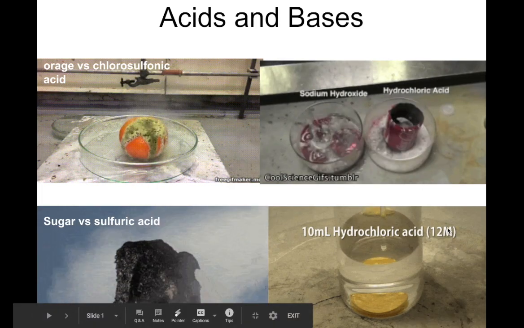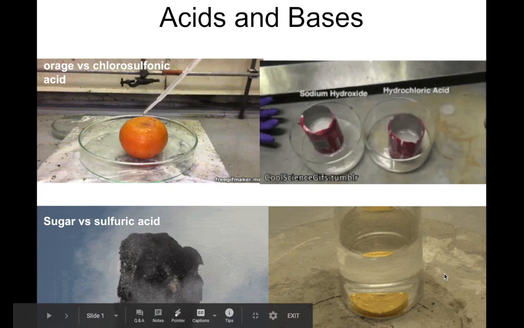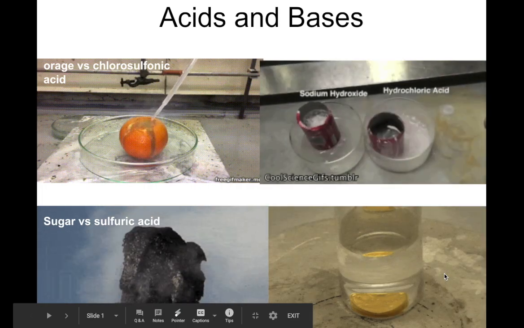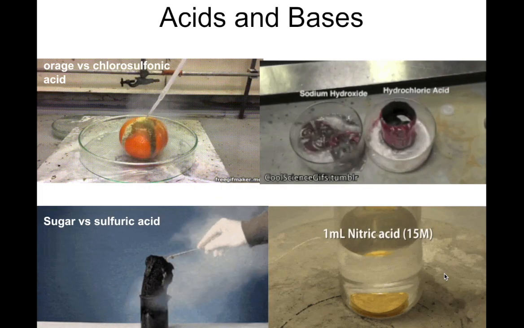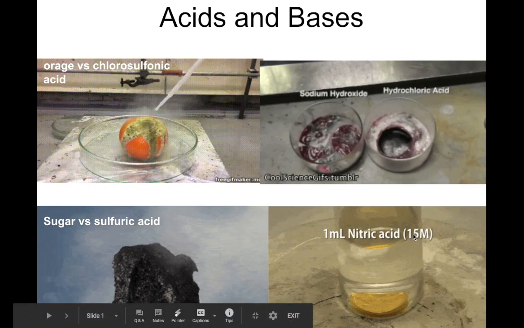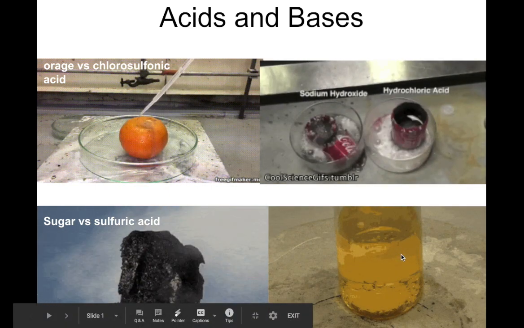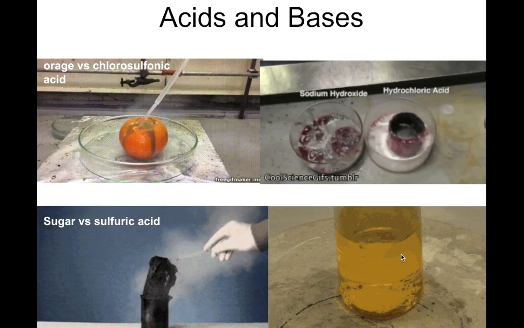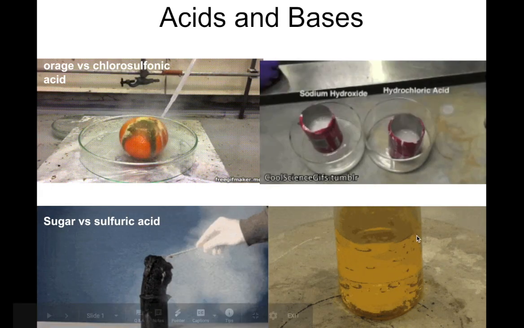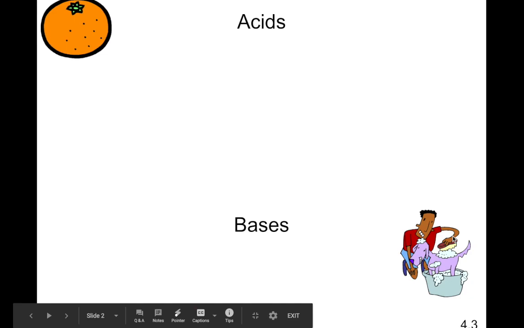And that's on the bottom right. This 12M means 12 molar. And what we'll find out later in this unit, it sounds like moles, correct? Here's the nitric acid, 15 molar. So what we're going to be looking at is not just the acids themselves, but what does this molar concentration mean? Going on to the next slide.